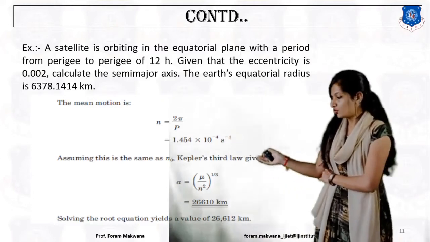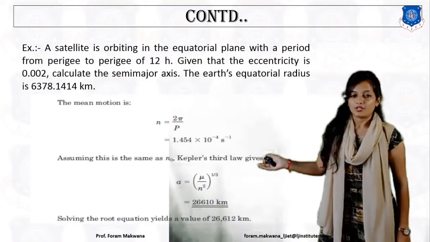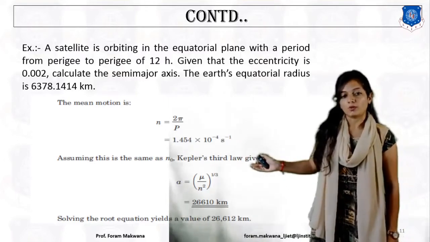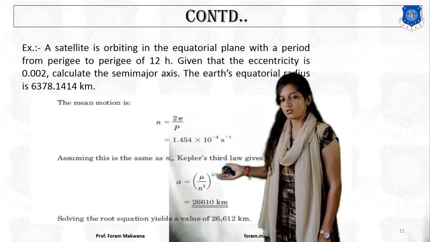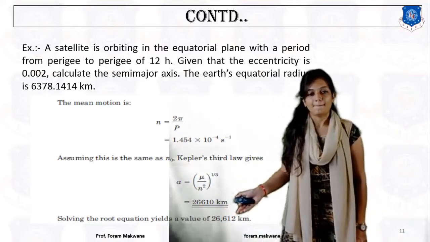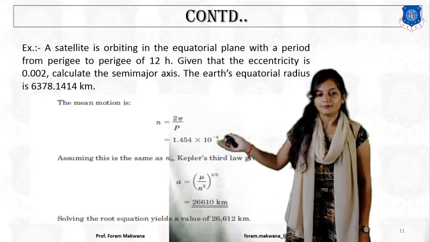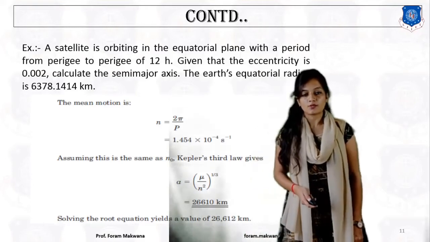From this mean motion, we are able to calculate from Kepler's third law the value of semi-major axis, that is (mu upon eta squared) raised to 1 by 3. The value of mu is constant and the eta we have already calculated. Alright, so we get the value of semi-major axis, that is 26,612 kilometers.